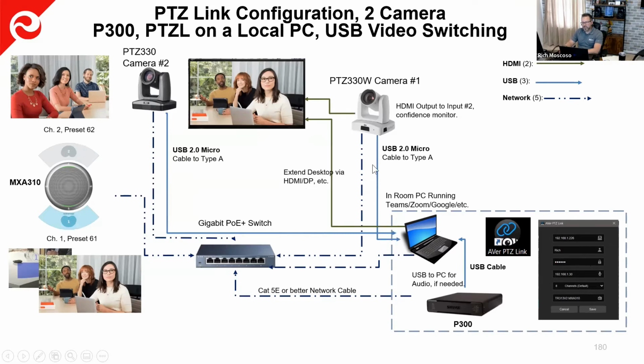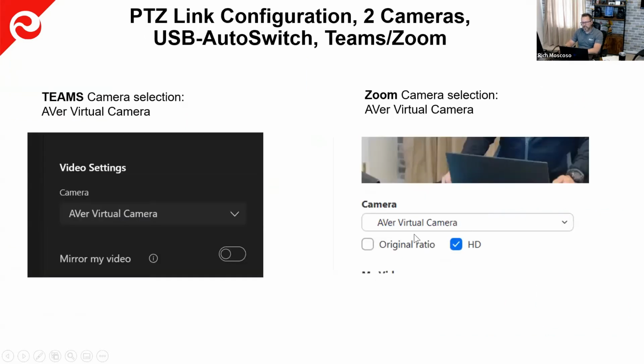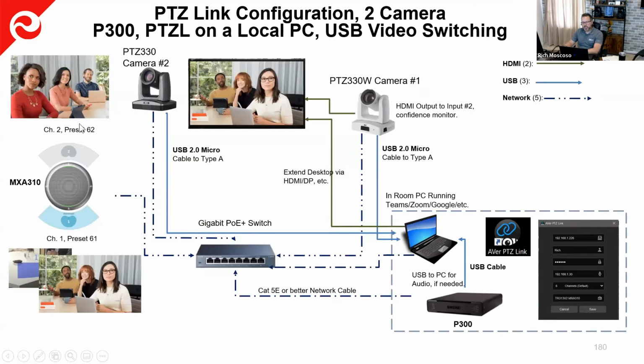So whether it's a 2-camera, 3-camera, or 4-camera setup, it's looking at all of those streams and it's creating this AVer virtual camera, right? And then depending on which channel's active, the PTZ Link software will then show that on the call.